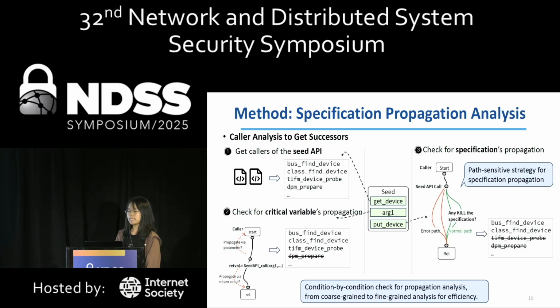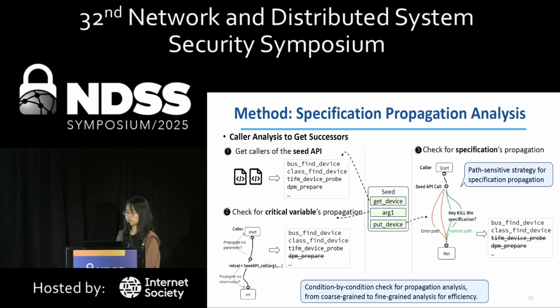In the propagation analysis, APISpec-Gen performs caller analysis to identify successors. For example, if the C API is get device, APISpec-Gen first gets its callers, including the four functions shown here. They are the potential successors for the CSC.